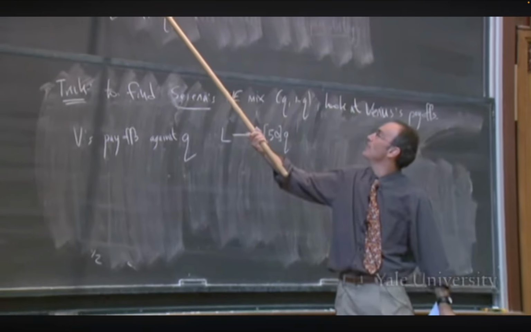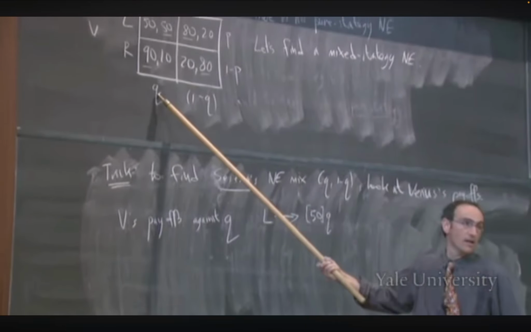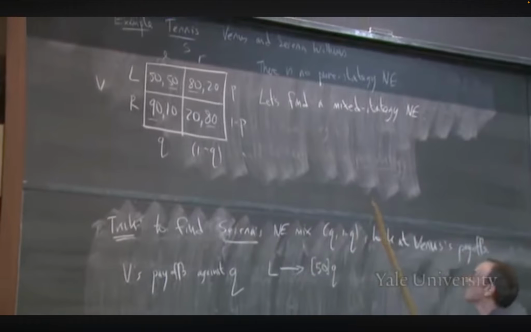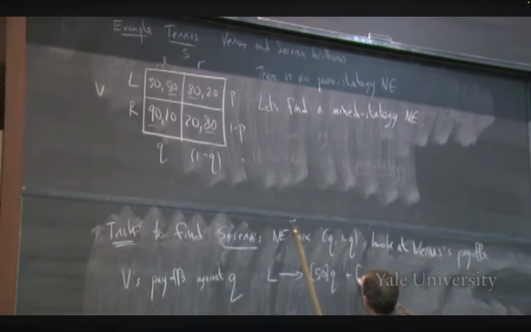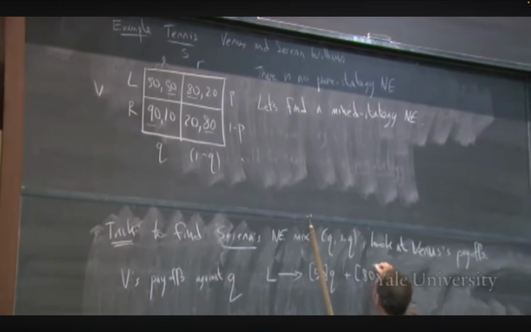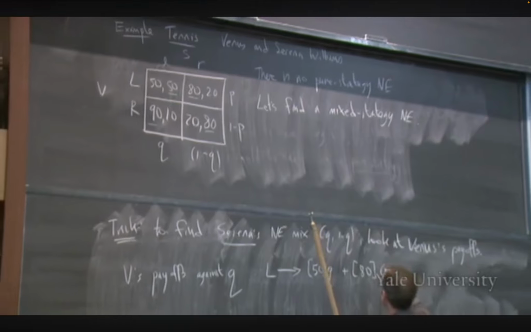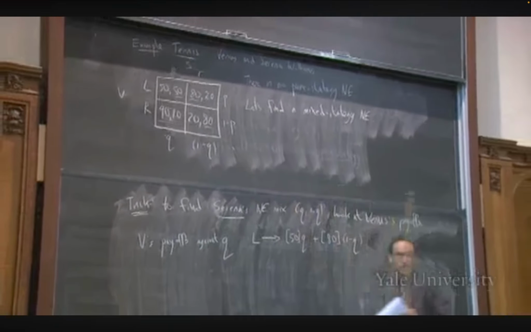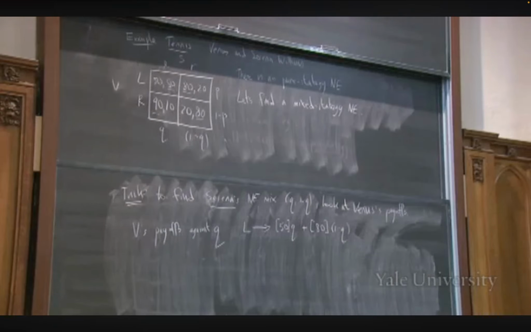She gets 50 with probability Q, and she gets 80 with probability 1 minus Q. Okay?